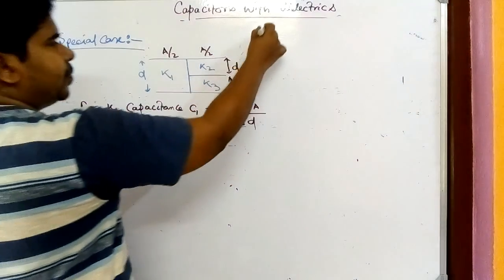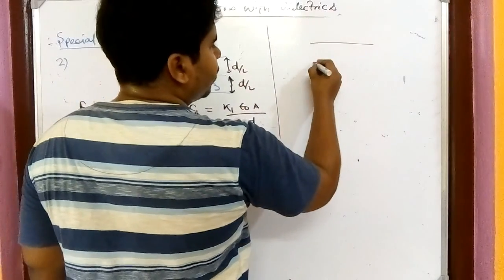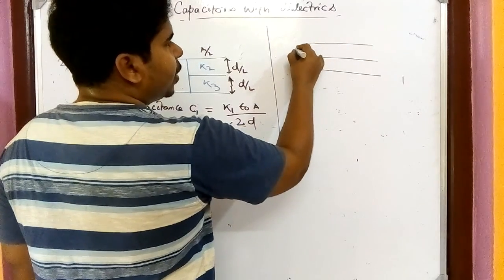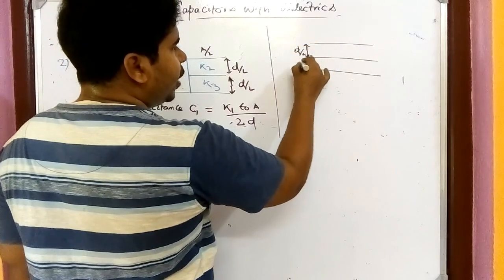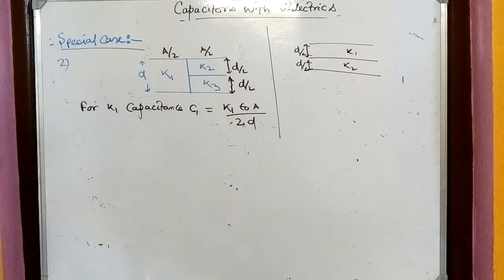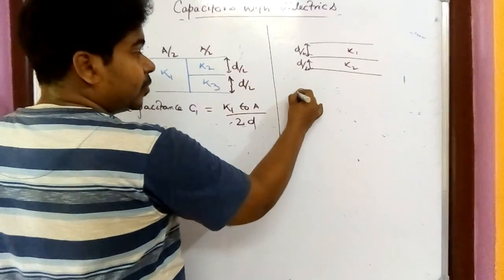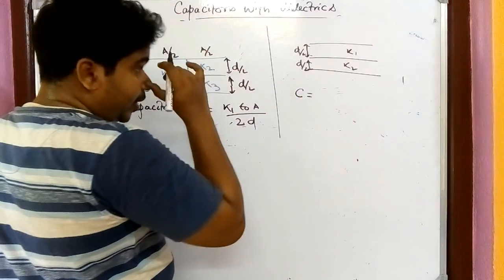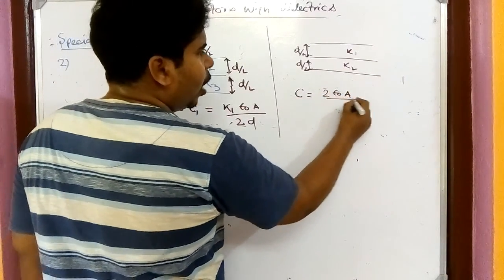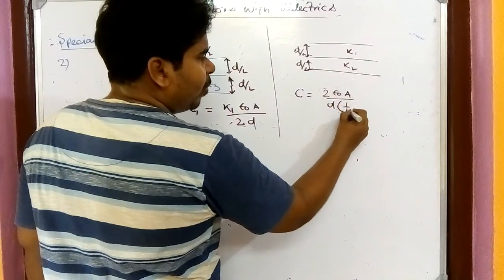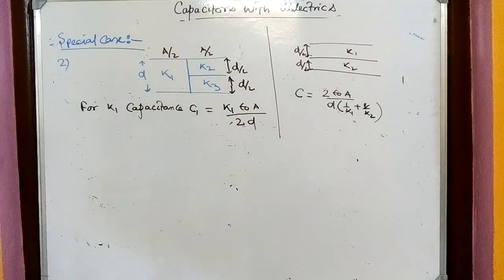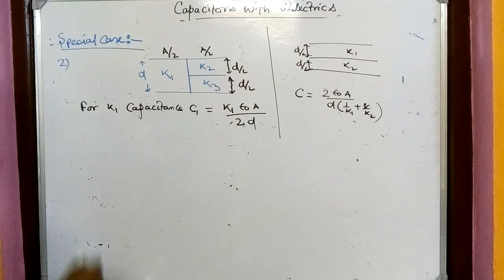Now I'll make you remember, whenever we have taken a capacitor with dielectric slabs D by 2 and D by 2, K1 and K2, in this case the capacitance that has come, we have to remember it. It is 2 into epsilon naught A by D into 1 by K1 plus 1 by K2. Just now we have done that. Okay, so here also we have done the same thing.